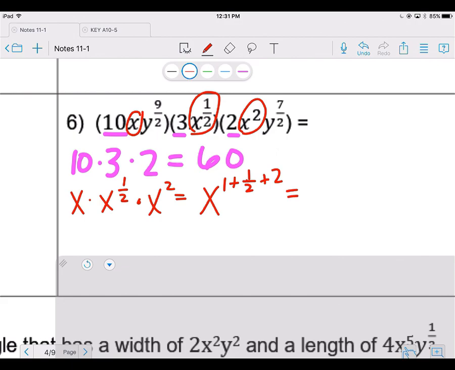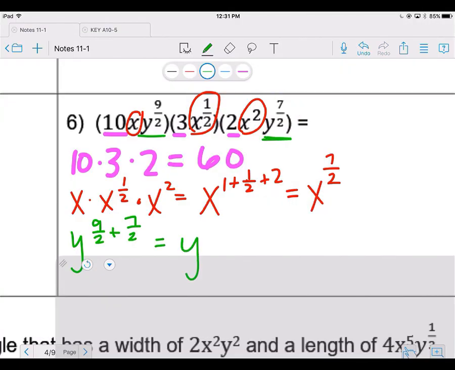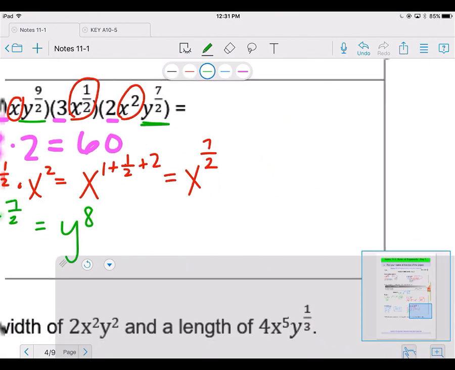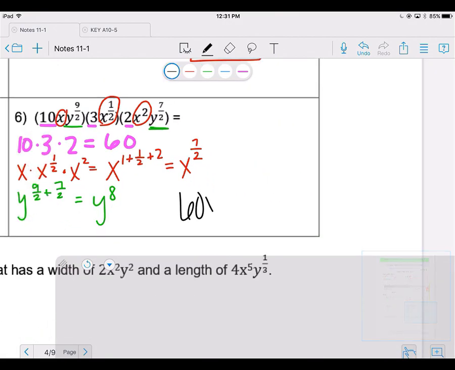Put that into my calculator, and I get 3.5, which is really 7/2. And then on my y's, I have 9/2 plus 7/2 over here, which will give me 8. So my total answer is 60, x to the 7/2, y to the 8.